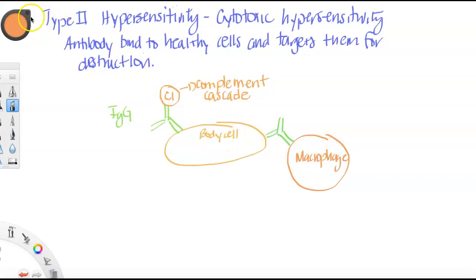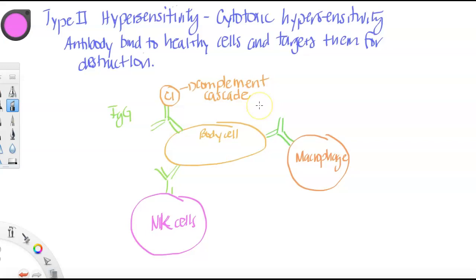All right. It can also trigger natural killer cells. So it can also bring those in as well. So these things, the complement cascade, macrophages, these are examples of cytotoxic mechanisms. Okay.